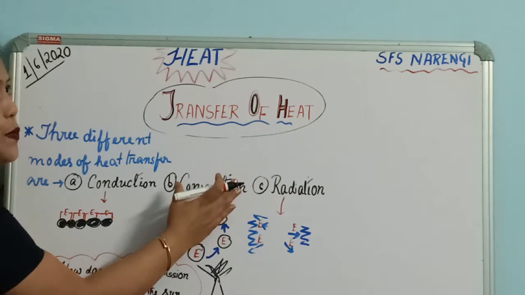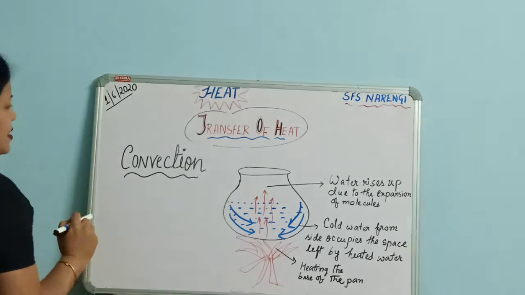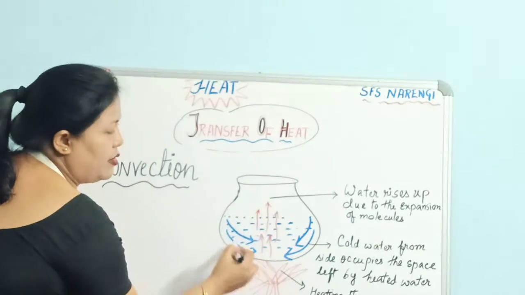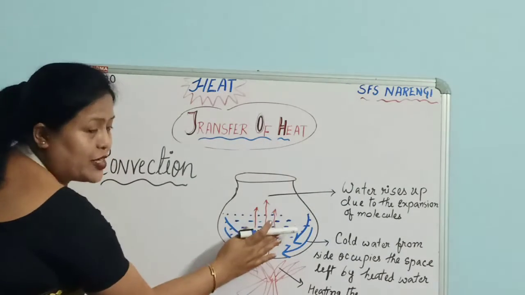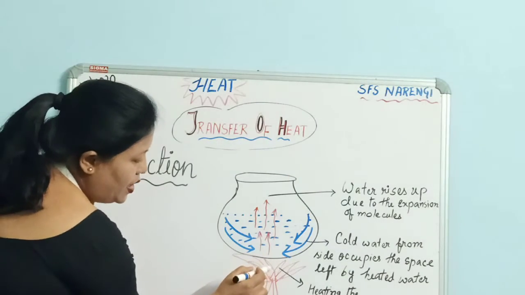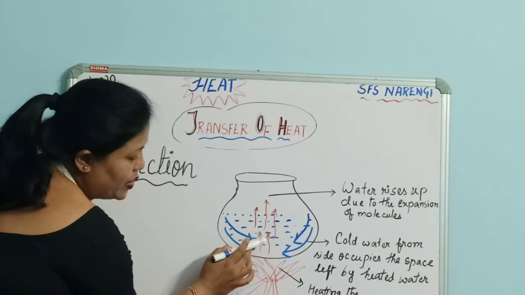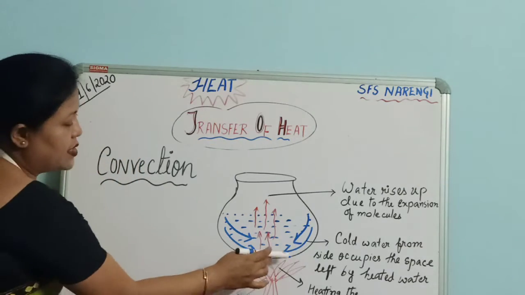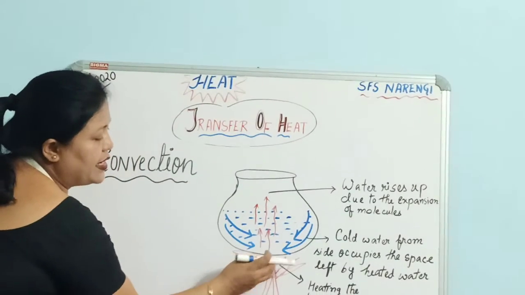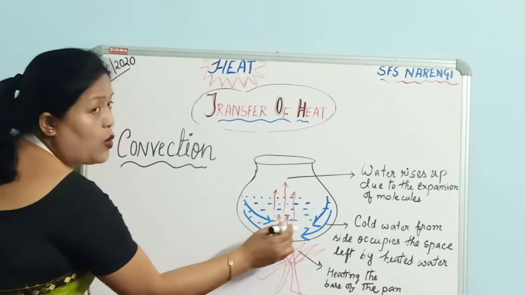Now, to understand convection, let us take an example: boiling of water. You see, students, suppose this is the beaker, the container, and we are boiling the water. When we heat the base of the pan, the heat gets transferred from this hotter region to the water.